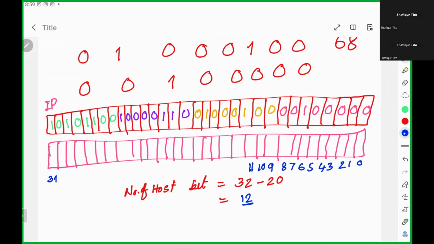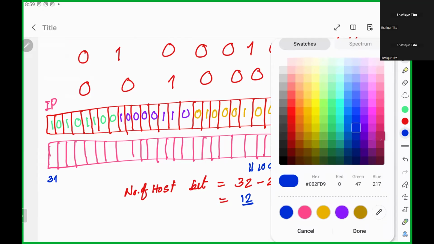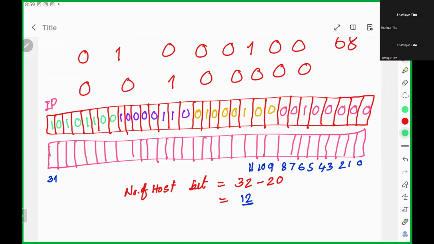And in order to make the subnet mask, we have to put 1s: 1 1 1 1 1 1 1 1 1 1 1 1 1 1 1 1. So how far we have to make up to this part?